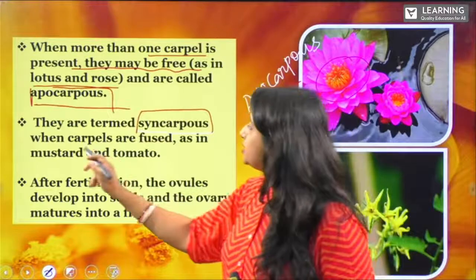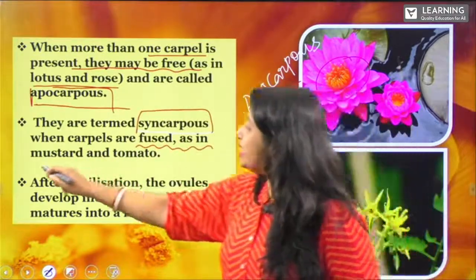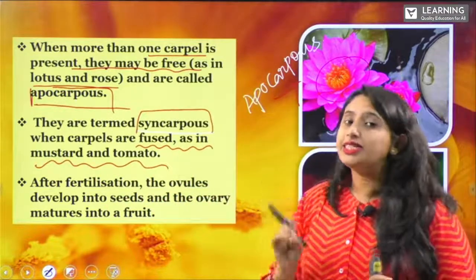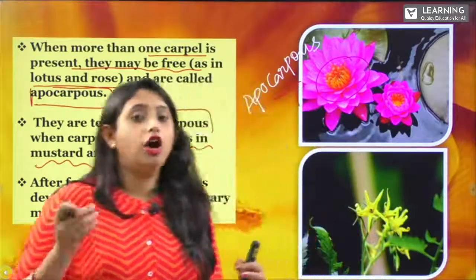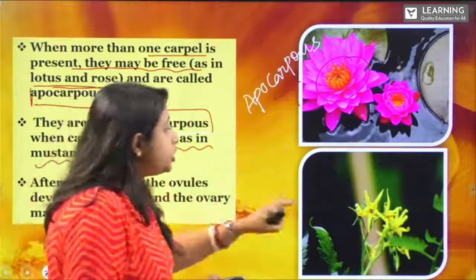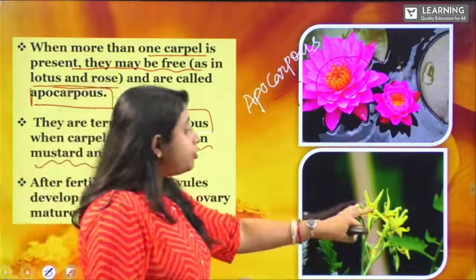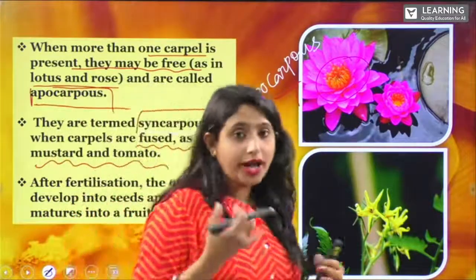And what happens in the case of syncarpous? The carpels are fused, as in the case of mustard and tomato flower. They are united, they are not free. Here, as you can see, this is the flower of tomato, and the carpels are fused, that is, they are united.